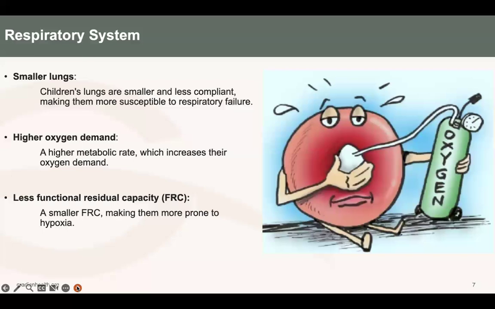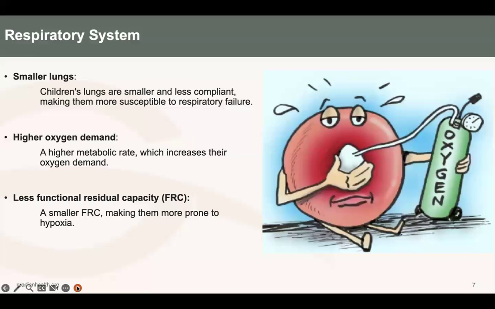And with this, they need oxygen so that they grow and become mature. And so their metabolic rate, the amount of time they use to get energy from all the nutrients they have, is quite high. So they need a lot of oxygen.